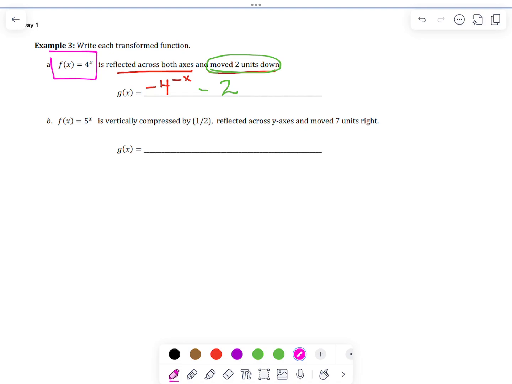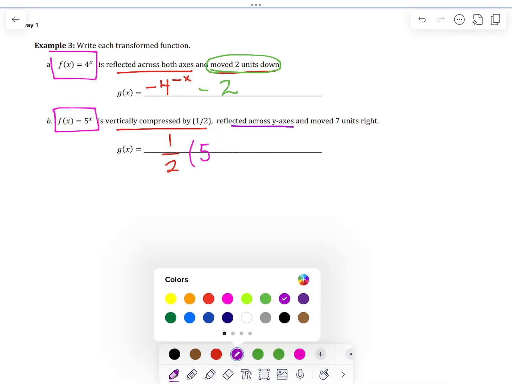Second example, new parent function, our base is 5. And now we're going to vertically compress it by 1/2, so that's a multiplier. That happens in front of the function. Then we want to reflect it across the y-axis. So that happens up in the power. So I'm just going to erase that.